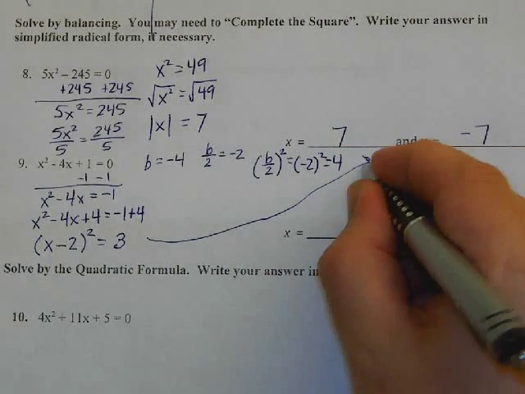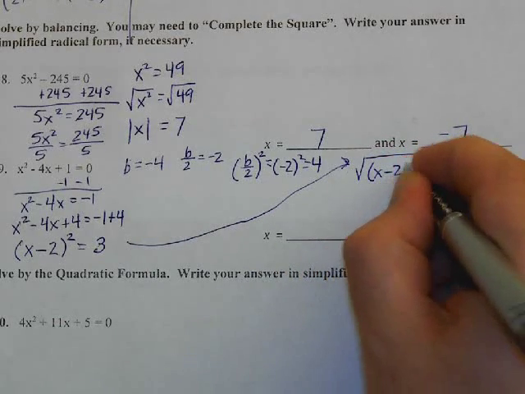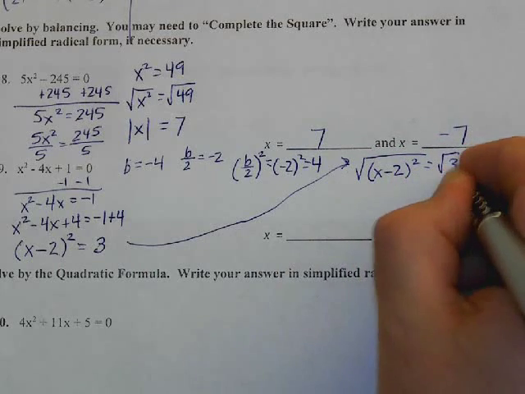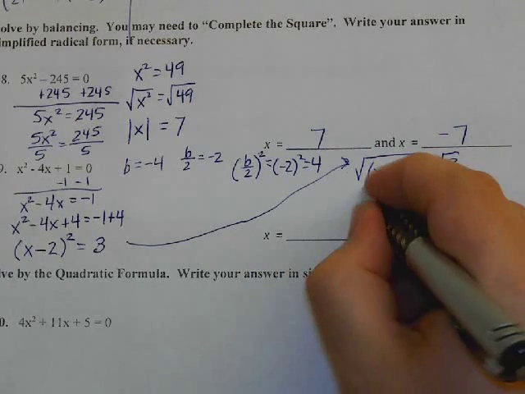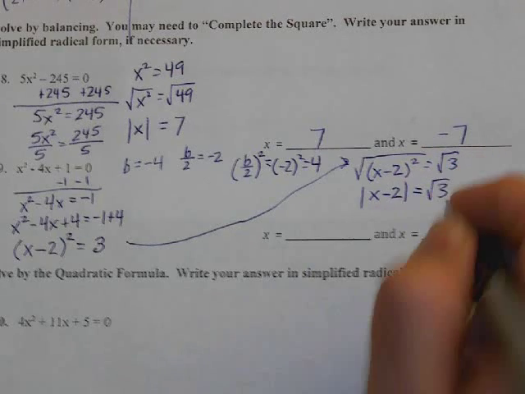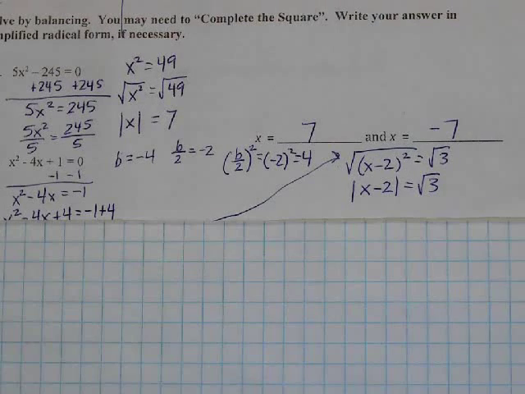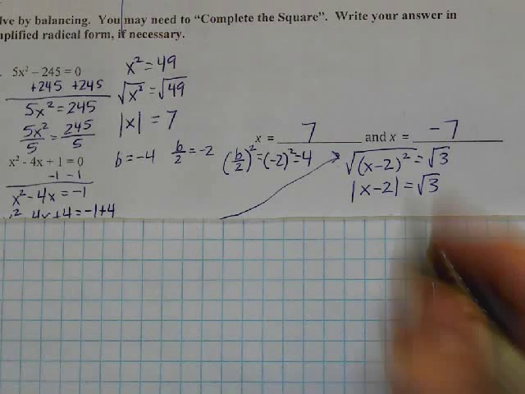So we'll go over here. We'll take the square root of both sides. And we get the absolute value of x minus 2 equals radical 3. At this point, if we could simplify radical 3, we would. But we can't simplify radical 3. Radical 3 is prime.